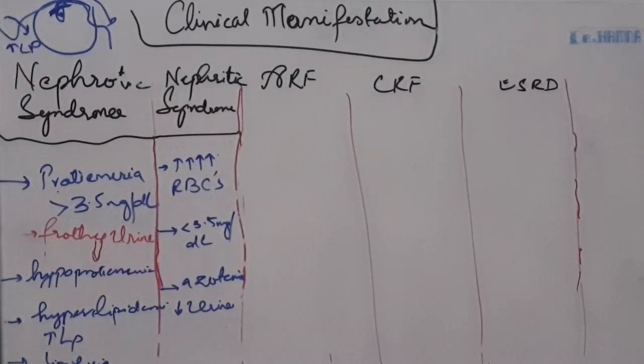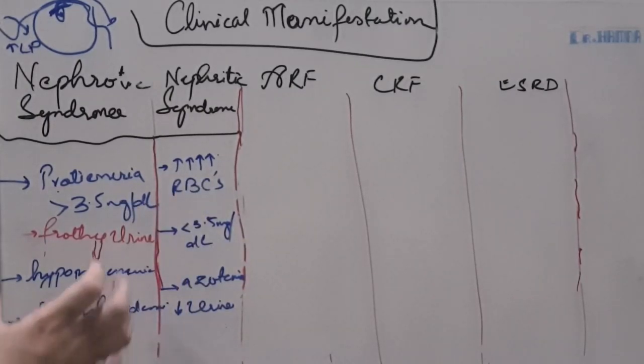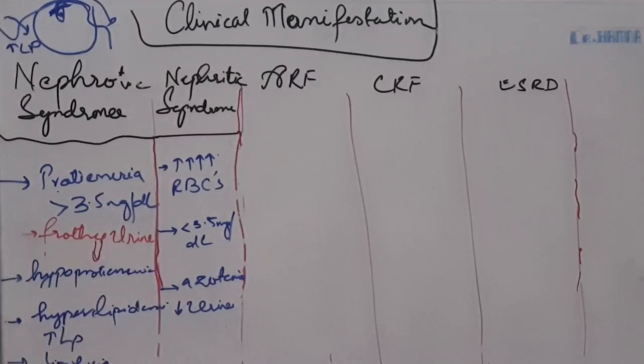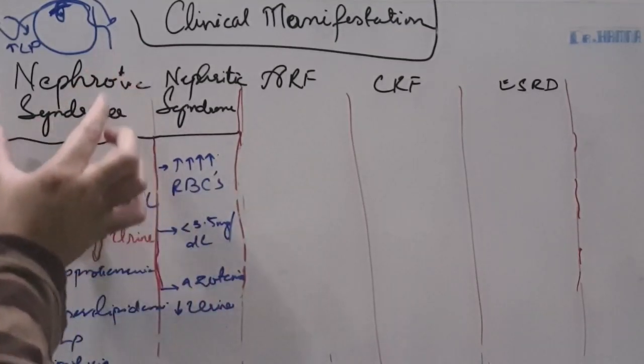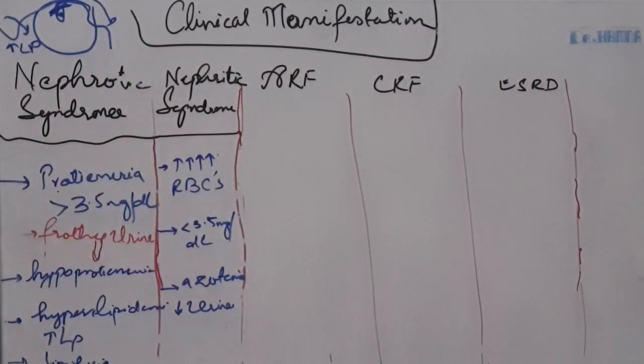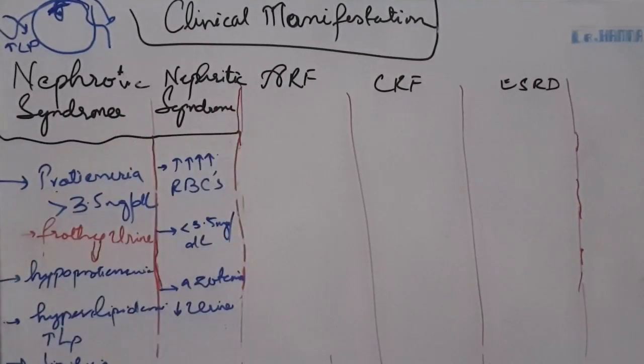If the patient on the lab investigation has proteinuria and all these findings, then you remove the categories of post-streptococcal glomerulonephritis, RPGN, and IgA from your differentials. When the patient has nephrotic syndrome, then you remove all the diseases which fall in the nephritic group and only focus on the diseases which lead to nephrotic syndrome, such as post-streptococcal SLE.